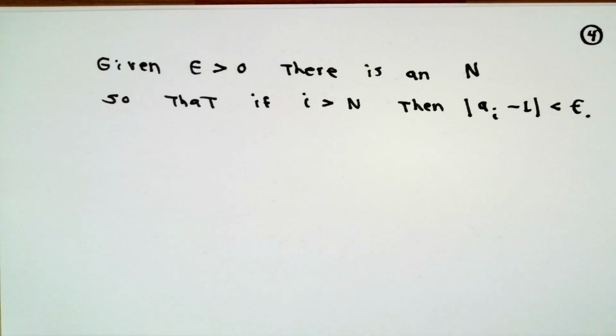So in formal language, what we've figured out is, given a positive number epsilon, there is an index capital N, so that if i is bigger than that index capital N, the distance between A sub i and L is less than epsilon. At first, this seems like it's kind of just a bunch of gibberish, but this was the formal definition for something that we have seen previously.